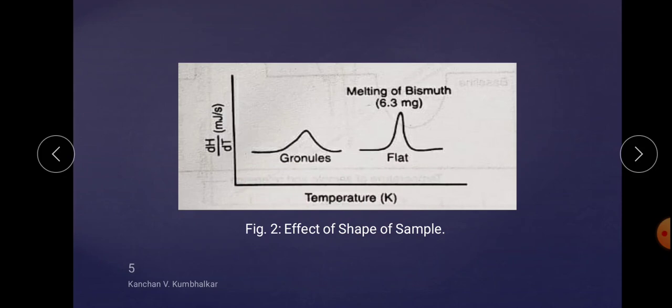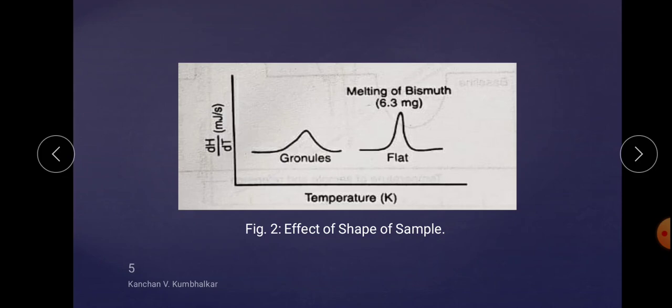This is known as the DSC curve, differential scanning calorimetry. If you take granules of the sample, then such a type of peak is observed. And if you take a flat sample, then because of just a change in the shape of the sample, you get different types of peaks, or a different graph.